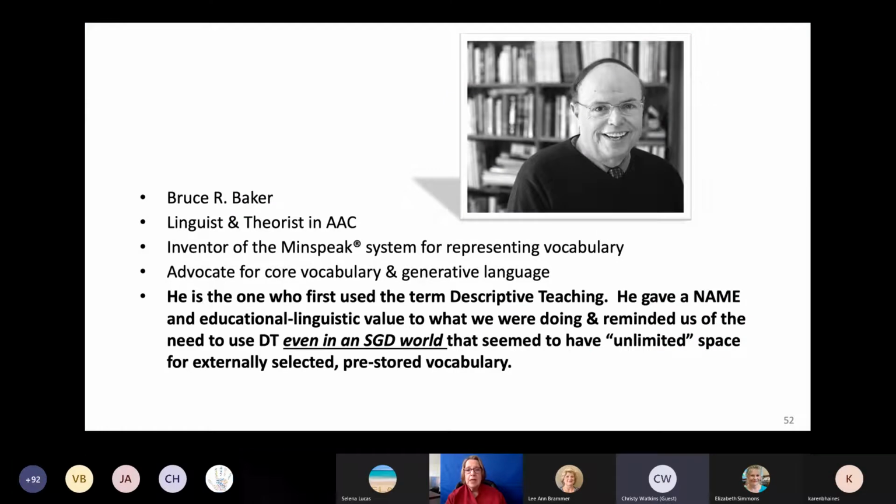Now, as we entered the world of speech generating devices, the person who I think needs to get the credit for using the term descriptive teaching is Bruce Baker. He's the first person that I know, from within my life experience with him as well as in written form, who gave a name to what we were doing in the world of speech generating devices.